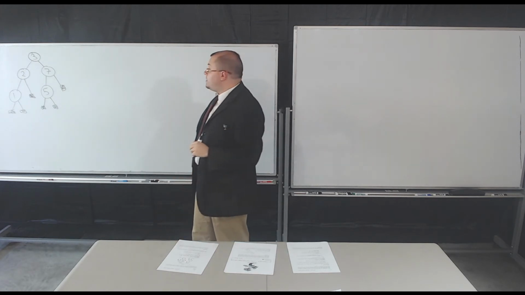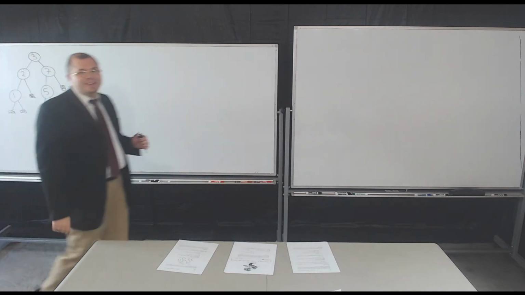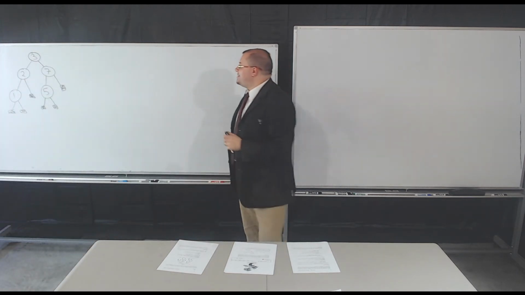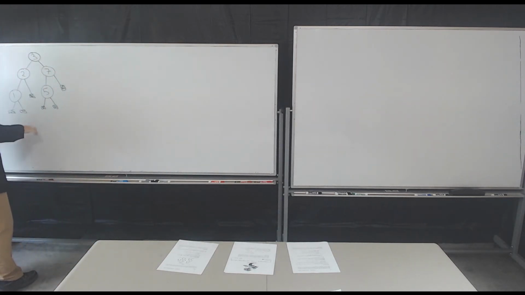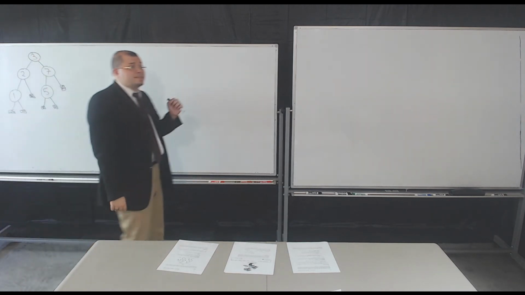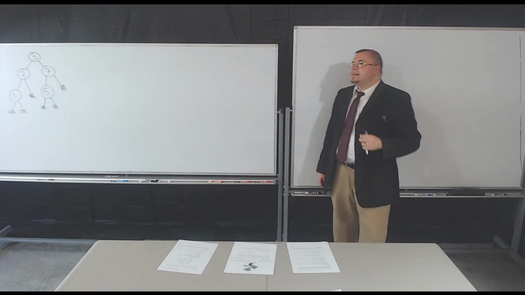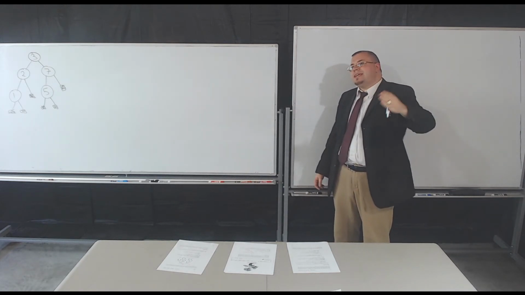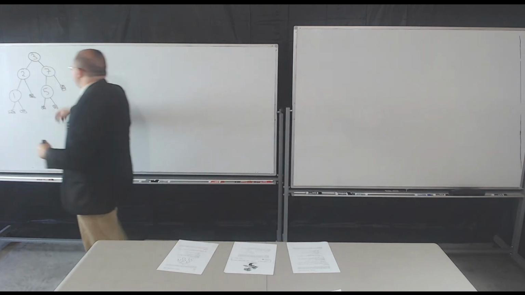If I wanted to compute the successor of 3, what would I do? I would do exactly what I did in case 2, right? All I do is find the successor of the right subtree, which is just simply calling smallest by giving it the right child. Then I go all the way to the left and I get 5. That would be the successor. Remember, given some key, the successor is the smallest key that is larger than the key I give. So if I give you 3, I should get 5 here.